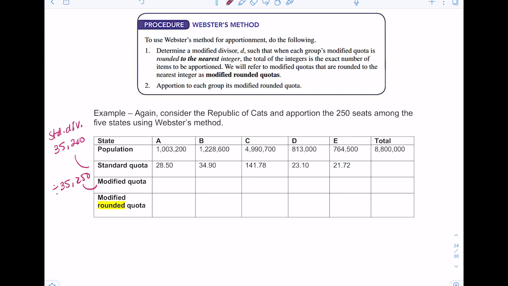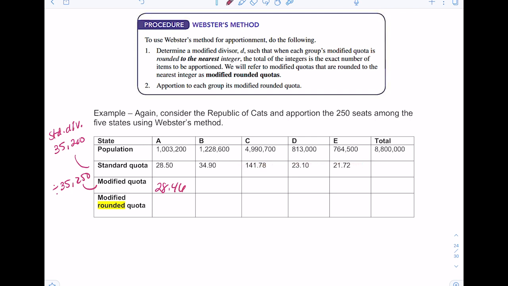Okay. So if I take 1,003,200 and divide by 35,250, I end up with 28.46. So notice when you divide by a higher number, your quotient will be smaller, and that's what we want, because when we totaled it, it came out to 251, and that's too high.